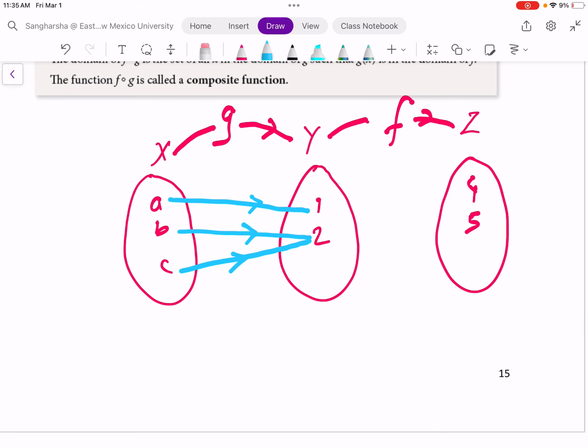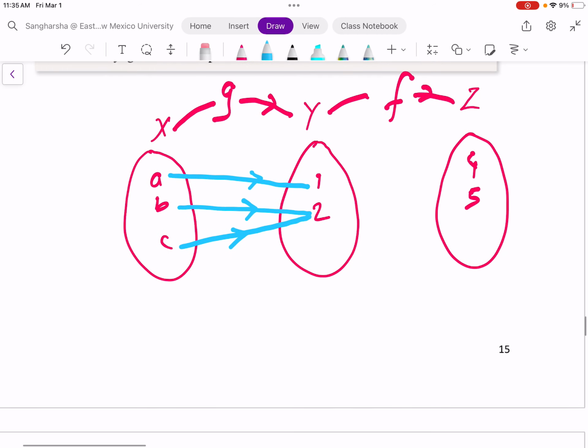Now, is g a function or not at first? Yes, right. For g, what is the domain here? Which set is the domain for the g function? X, right, the very first set. So this is the domain for function g.